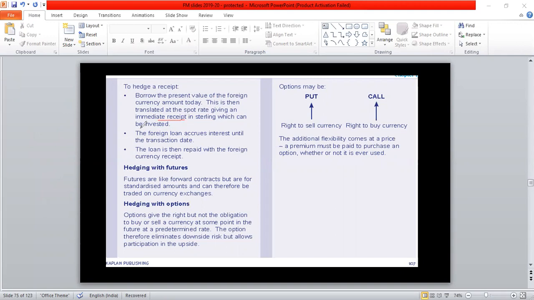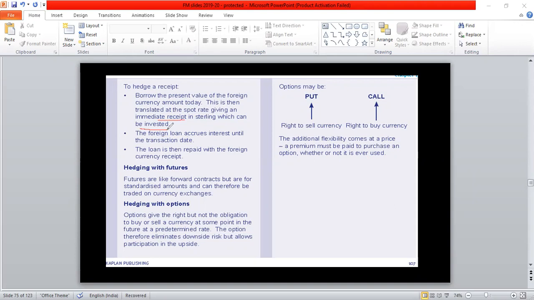We have also seen this concept of an invoice being sent to the factor, and as against the invoice, the factor extends, or at least clears, 80% of the invoice amount to the seller. We have understood this concept based on the receipt. So here also, borrow the present value of the foreign currency amount today.